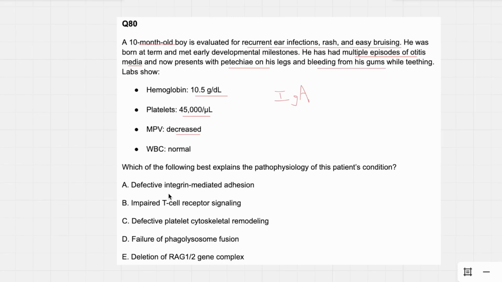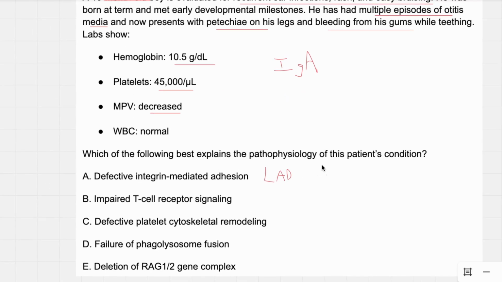So if we were to go through these from top to bottom, let's start with A. We've got defective integrin-mediated adhesion. This is probably referring to leukocyte adhesion deficiency. LAD is usually pretty easy to recognize as well because it results in a strong immune response. However, the cells cannot get to the problem. They can't extravasate out of the blood.